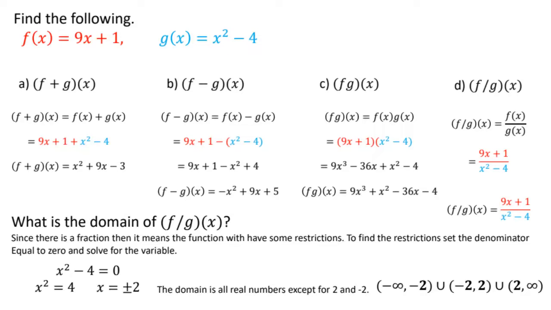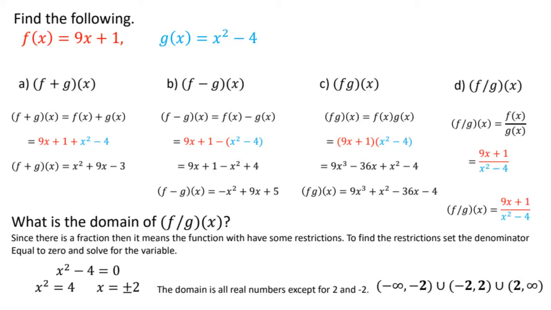In your homework, it always asks what is the domain of the division of the two functions, and they ask that because we can have a restriction on our domain if we are looking at a fraction, or rational function.